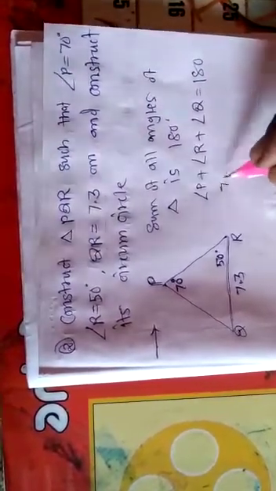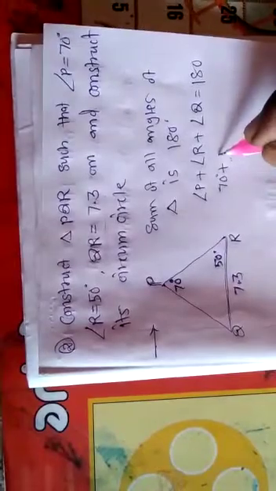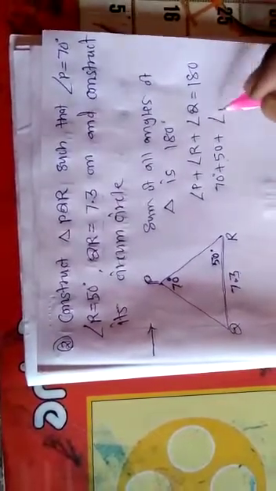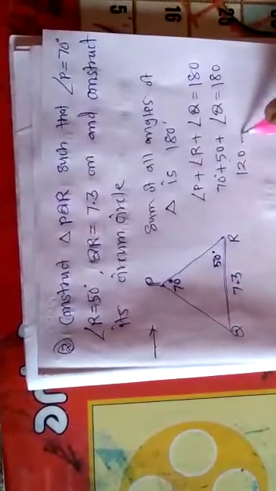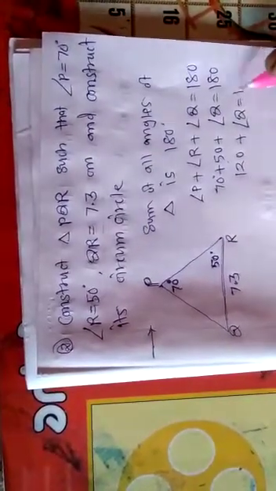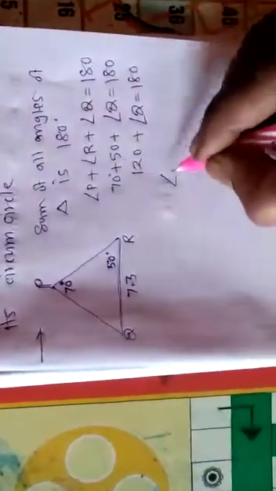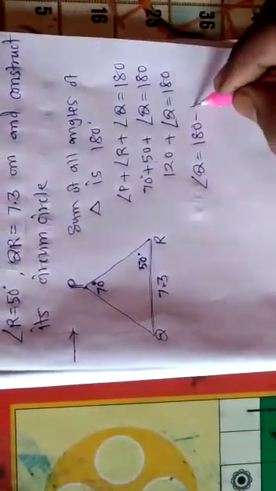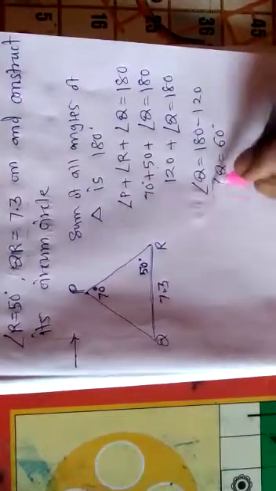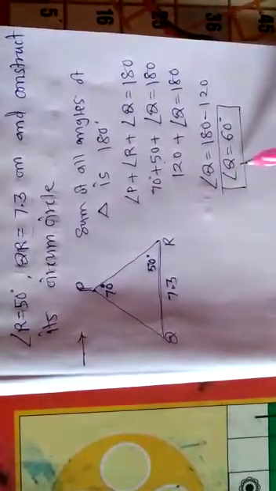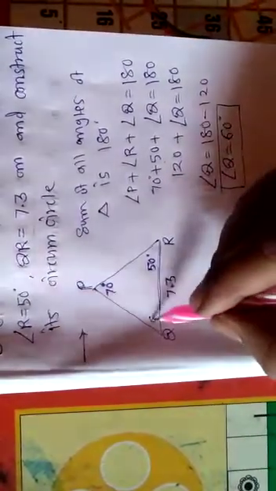Angle P is 70, angle R is 50, so 120 plus angle Q equals 180 degrees. Angle Q equals 180 minus 120. Angle Q equals 60 degrees. So we get angle Q, 60 degrees.